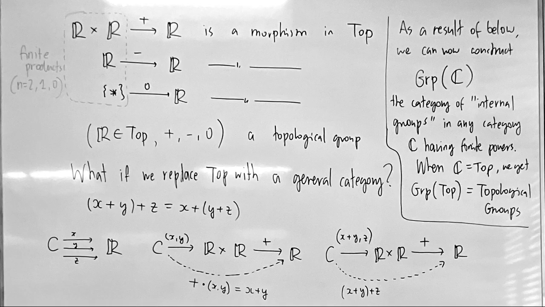So we managed to build this term. Let's build the bigger one. But now we just think of this as a generalized element itself and do the same construction with that and Z. So now we have an induced map into, again, R cross R. The first one here is X plus Y, and the second one is Z. And again, we can compose it with plus.